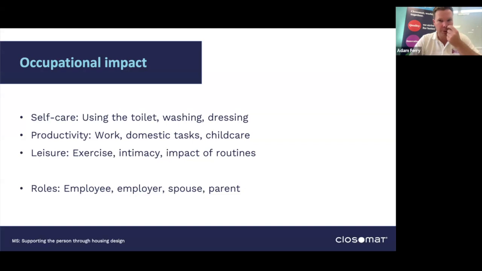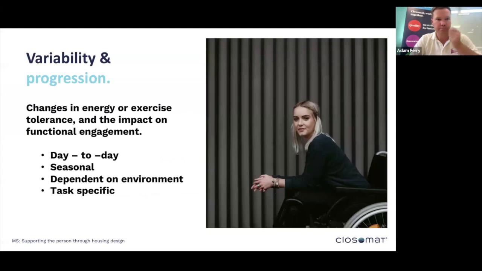And that just reflects there in the roles. So the roles could be different. They're employee, employer, spouse, parent. And variability in progression, so dramatic changes in energy or exercise tolerance, and therefore the impact on functional engagement. And they can be day to day, they can be based on season to season, they can be dependent on the environment, and they can be task specific.